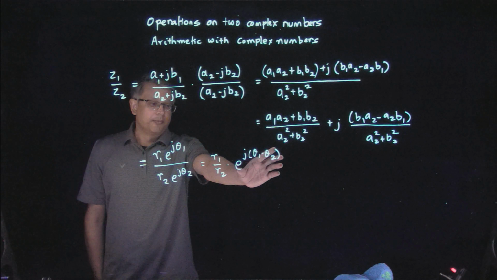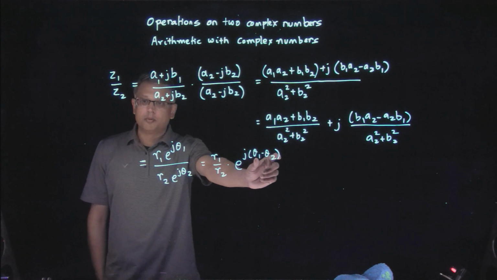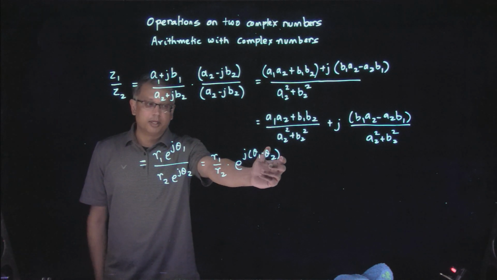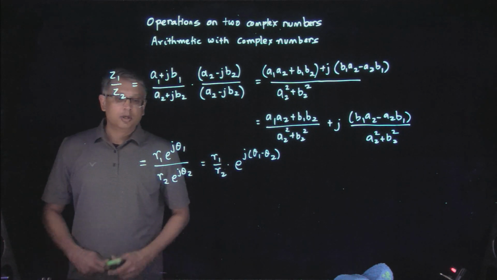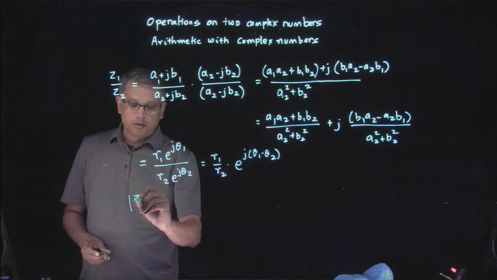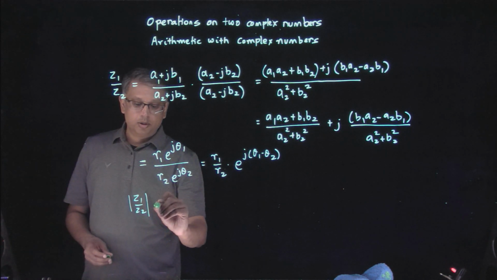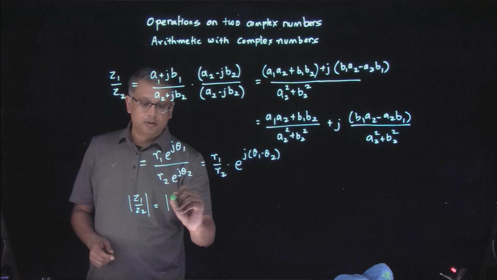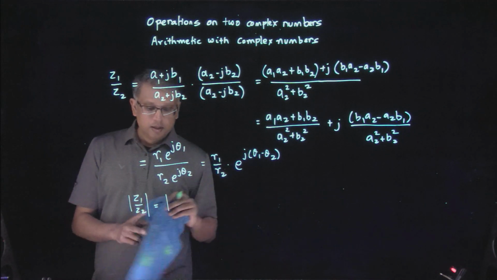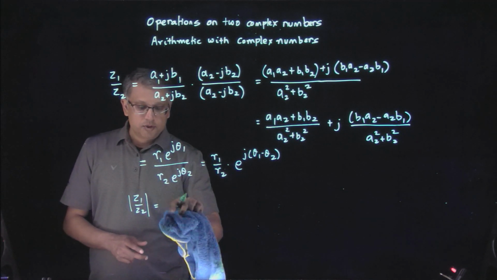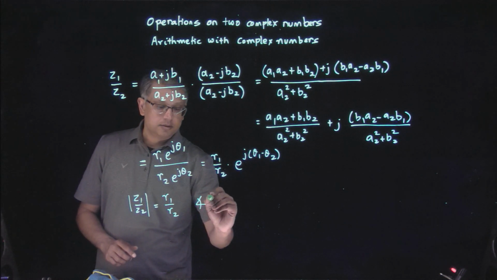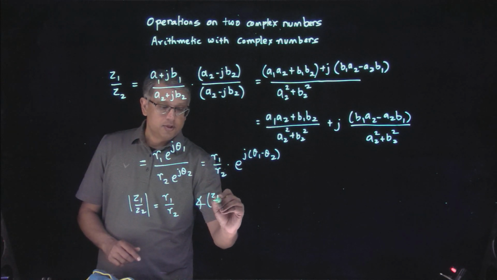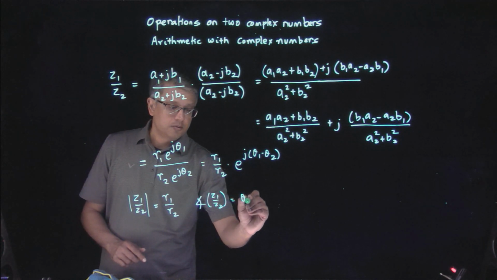The phase, or the angle, becomes theta 1 minus theta 2, and the magnitude becomes r1 over r2. So the magnitude of z1 over z2 is the same as the magnitude of z1 divided by the magnitude of z2, which is r1 over r2. And the angle of z1 over z2 is theta 1 minus theta 2.